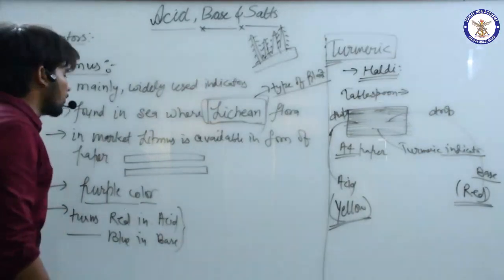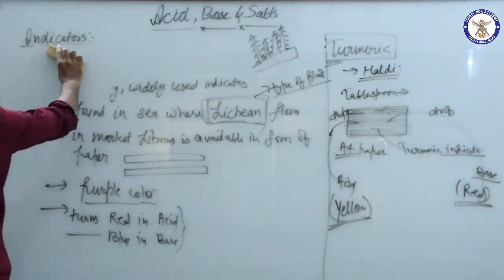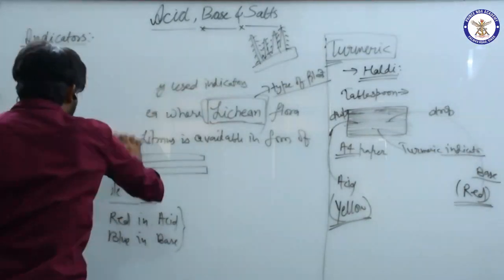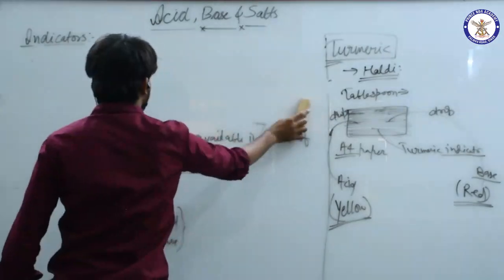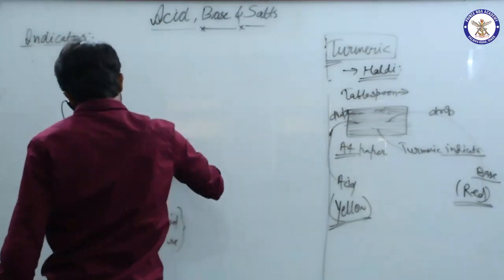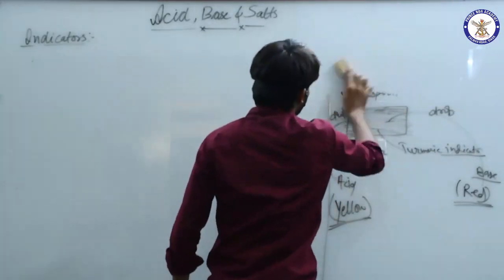Fine. Now third one, please make note of it, I am rubbing it. Now third one is China rose flower. So I hope you have made notes of it. Now I am writing the next ones: China rose flower, then phenolphthalein, followed by methyl orange.